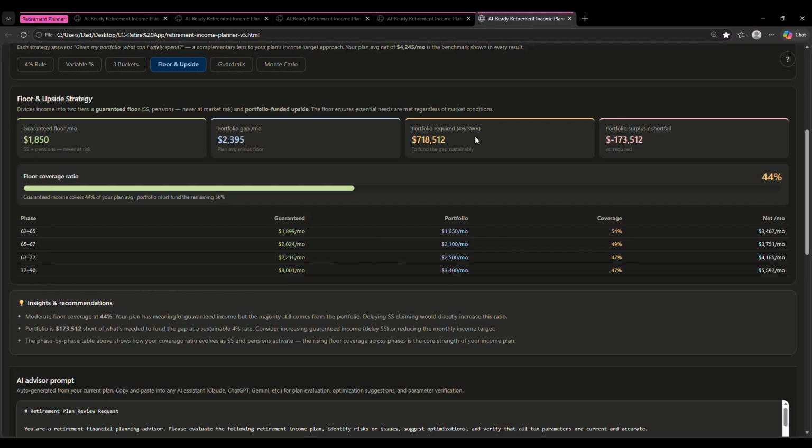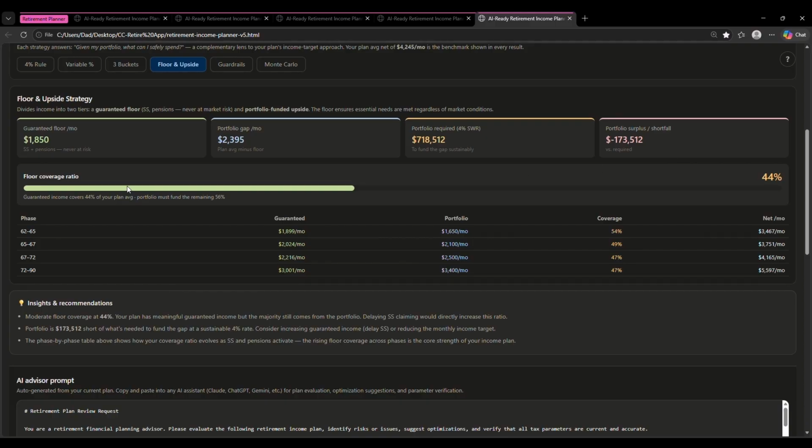The third card tells you how large a portfolio would need to be to fund the gap at a sustainable 4% rate. And the fourth card is the one that matters: surplus or shortfall versus that required portfolio size. If you have a surplus, and many users do once Social Security is factored in, that's a powerful number. It means your portfolio doesn't actually have to do as much work as it might seem.